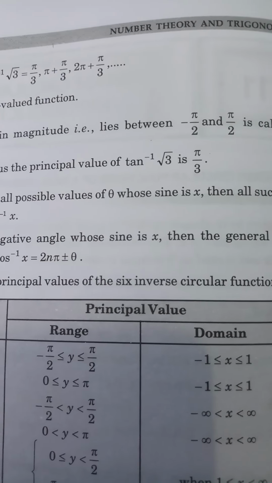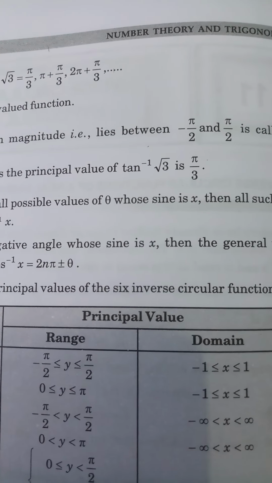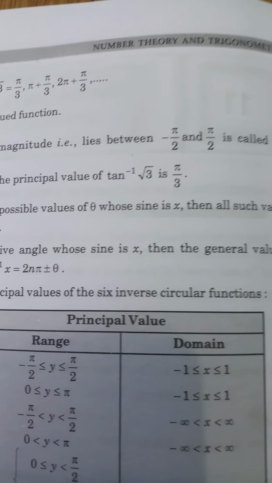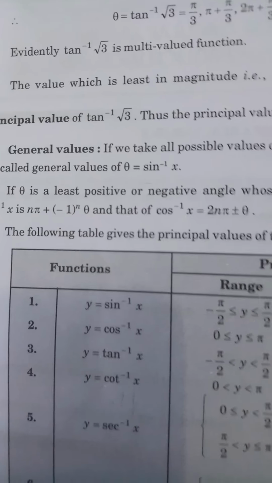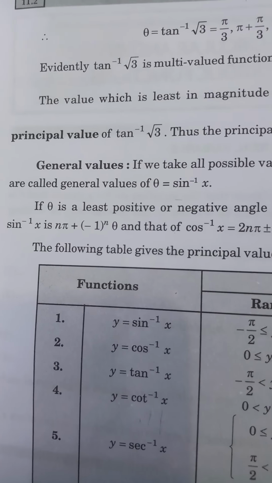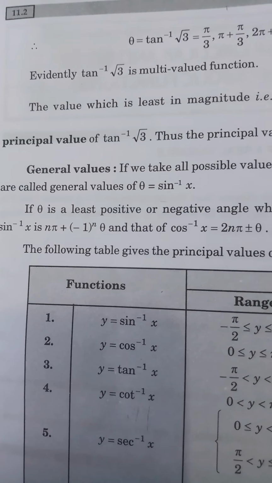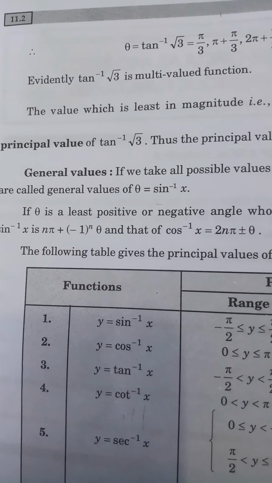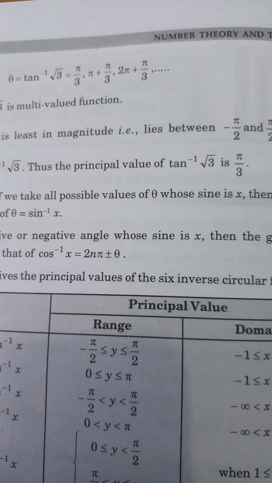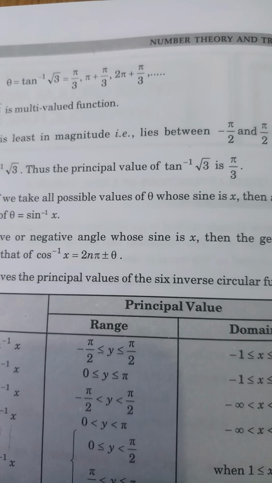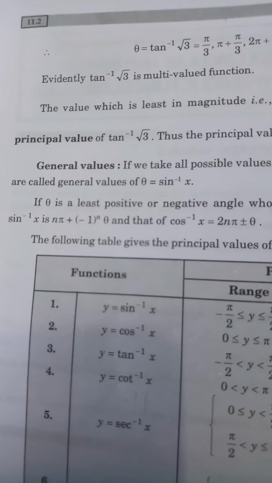The values which lie between minus 90 and plus 90 degrees, minus pi by 2 and plus pi by 2, we call the principal value of tan inverse under root 3. Thus the principal value of tan inverse under root 3 is pi by 3.